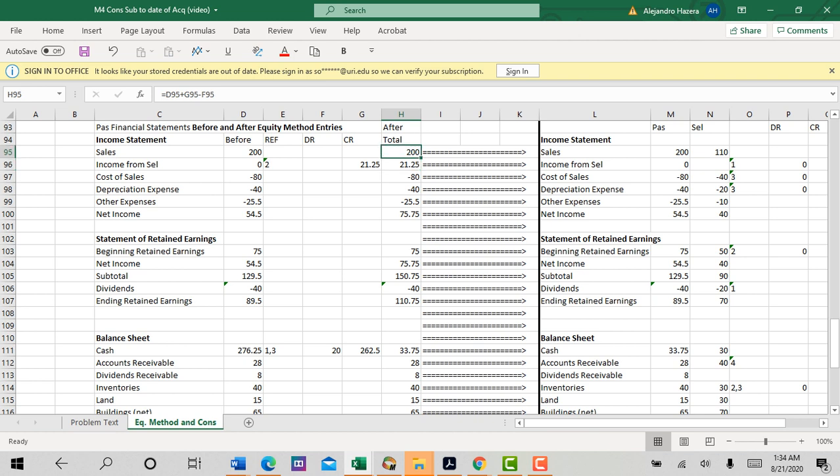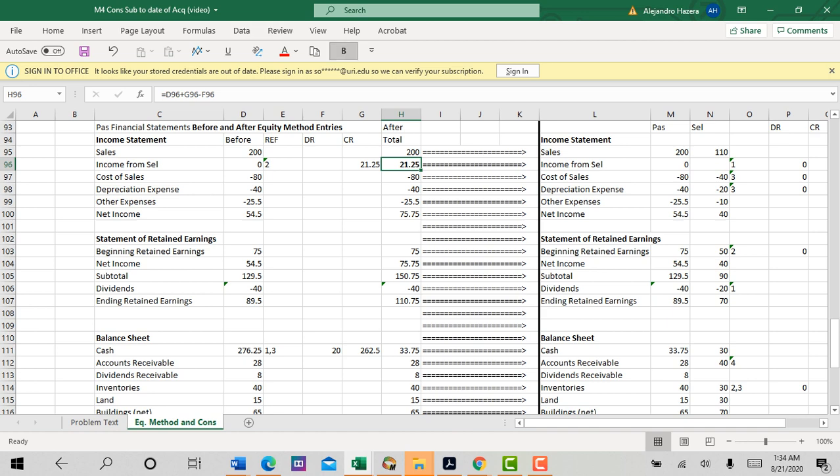Now you can see that we have produced financial statements with a balance in the income from sub account, which we're going to need in order to do a consolidation. I'm going to put that in bold right here.